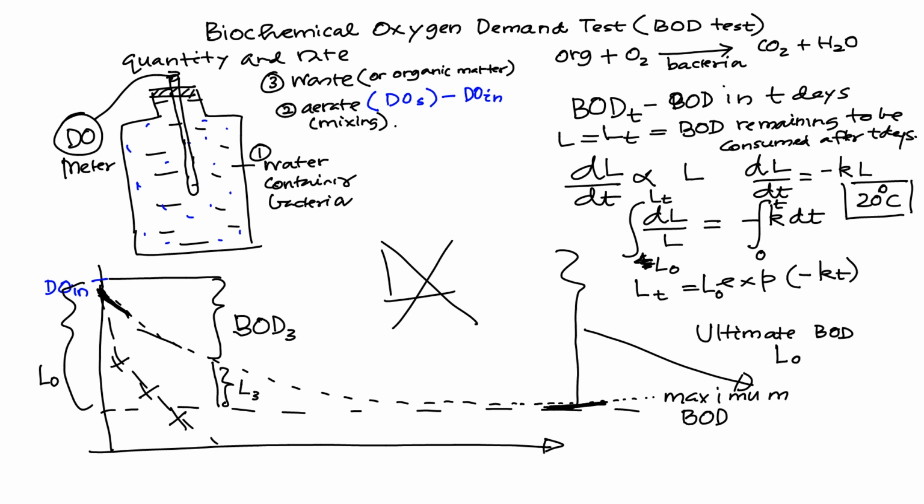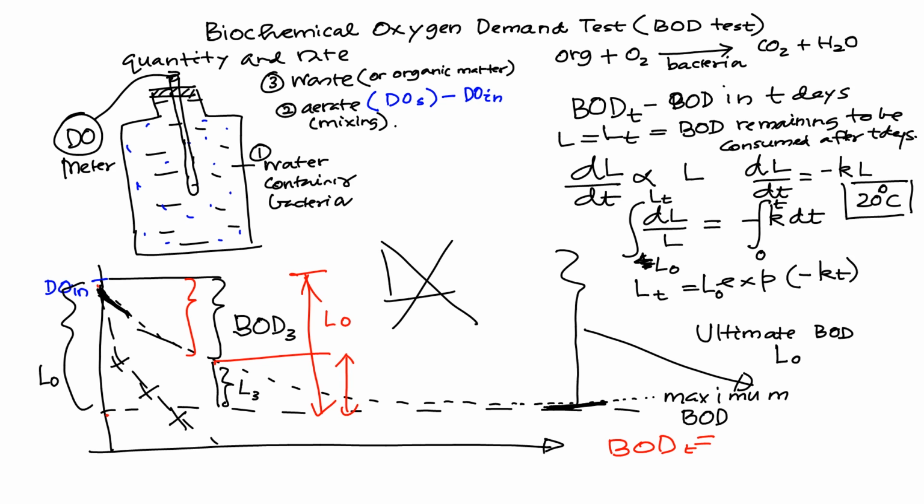Now what you see here, therefore, BOD T at any time is given by, for example, BOD 3 is the same as L0 take away L3.